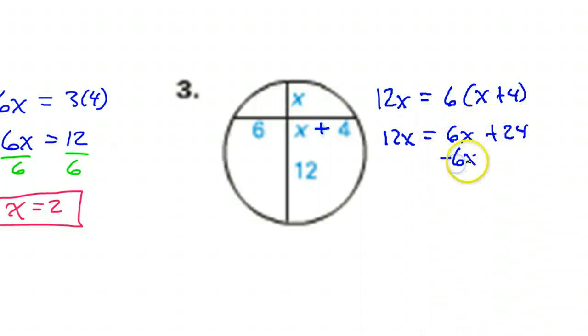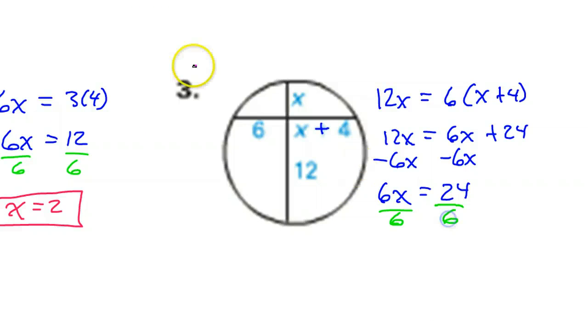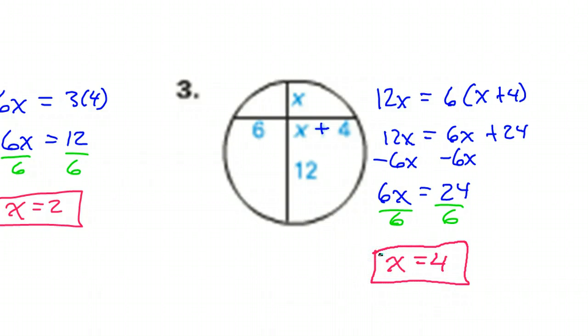If I subtract 6x from both sides, that leaves me 6x equals 24. And we will divide both sides by 6. And that will give us x equals 4. Alright, so it wasn't too complicated after all.